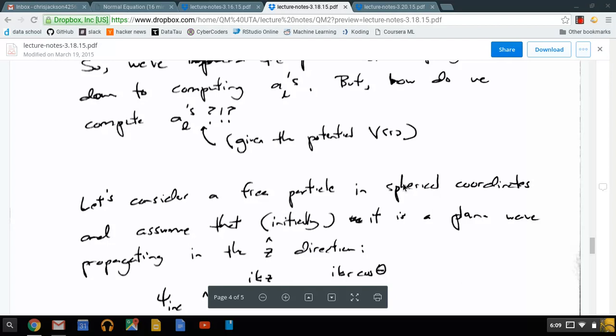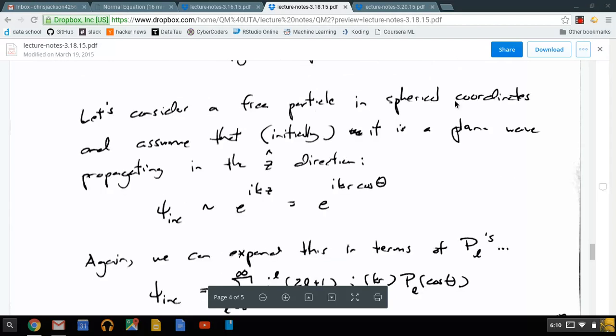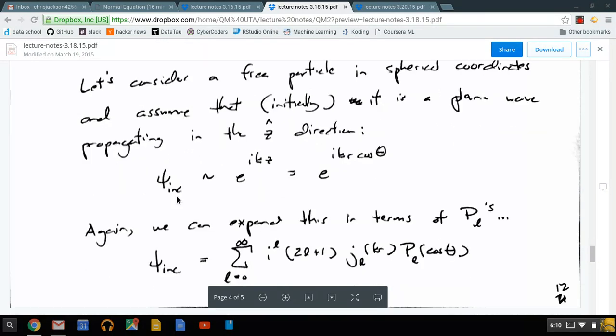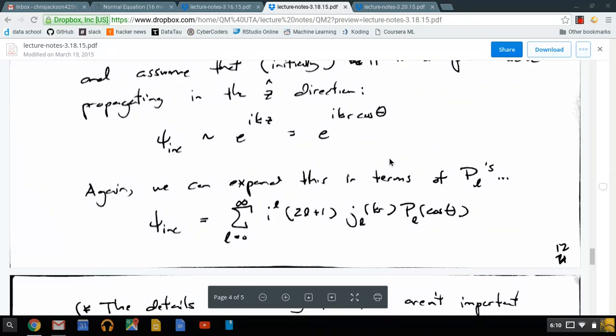So let's consider our free particle, working in spherical coordinates, and assuming that initially it's in a plane wave. This is all the stuff we've done before. We've got an incident wave, which we're approximating as a plane wave, and I can write this plane wave as e to the i k r cosine theta, just rewriting z as r cosine theta.